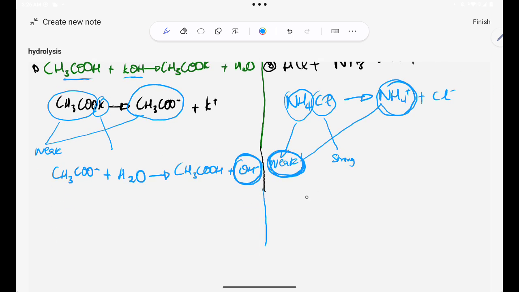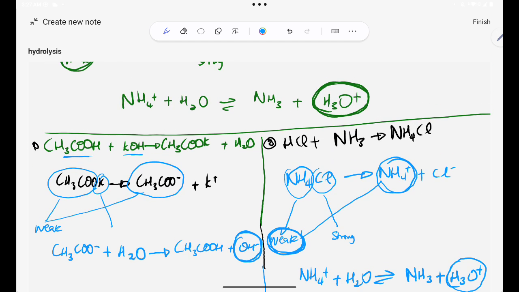So I will take my strong conjugate ion and react it with water. I'll simply get NH3 plus H3O plus. According to this hydrolysis reaction, I have the H3O plus ions in excess, which simply means my solution is acidic and the pH is less than 7. And it makes sense because I have a strong acid and a weak base. I'm expecting the solution to be acidic.